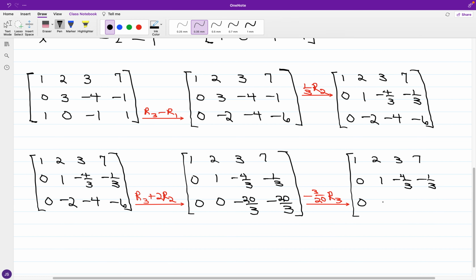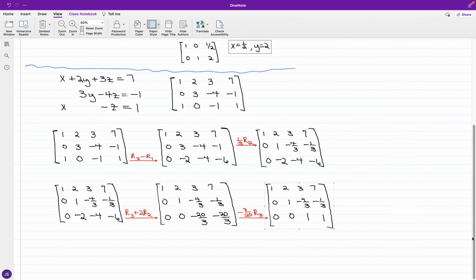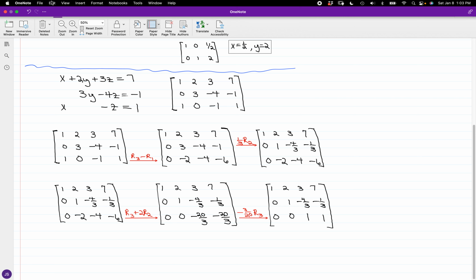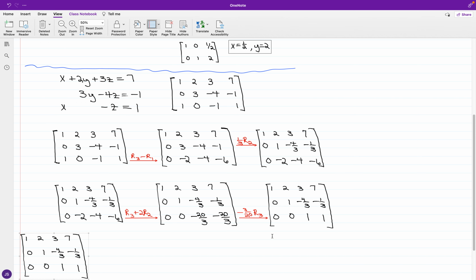And multiplying this last row by -3/20, we have 1 and 1. So going back to what we have in the system, this last result at this stage is going to be the row echelon form.